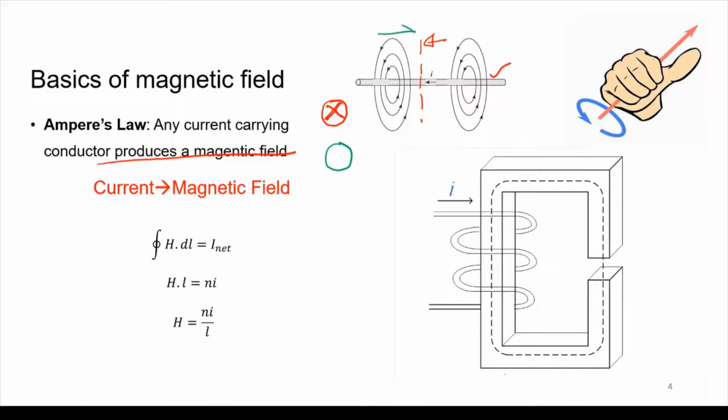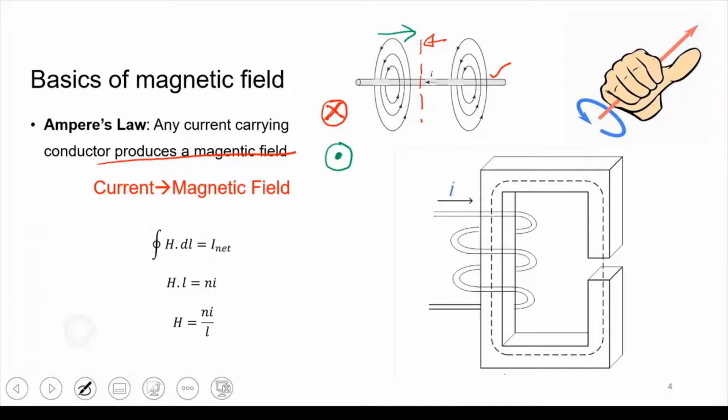Then the current is flowing towards me, so I represent it with a dot. In general, for any quantity, dot means the direction of the quantity is away from the screen towards me, and cross means the direction is towards the screen.